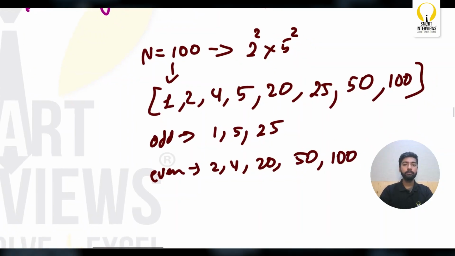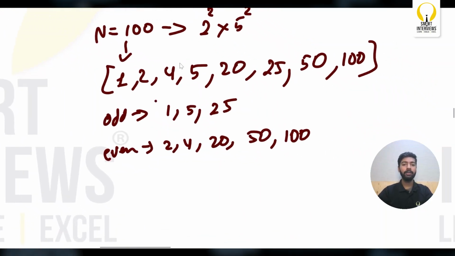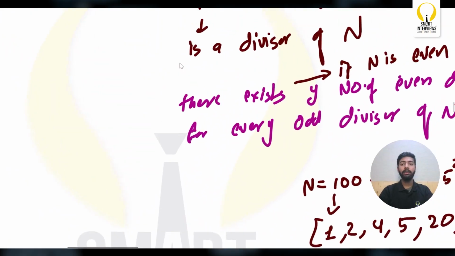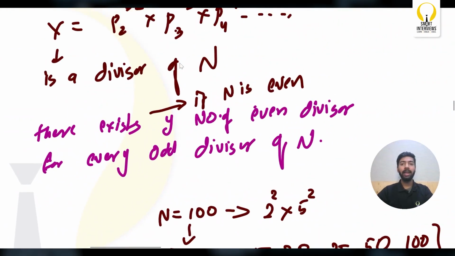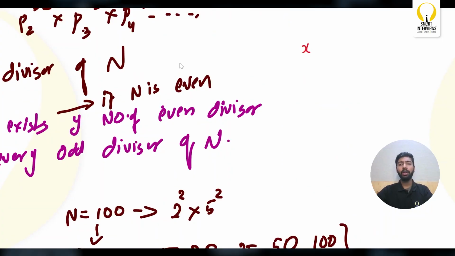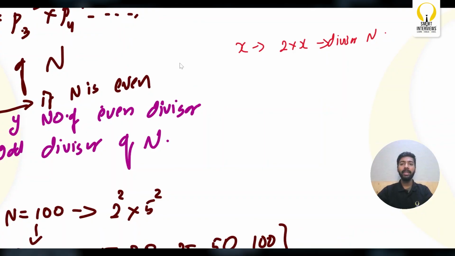Now let's take the first odd divisor. And before that, let's validate this thing: there exist y number of even divisors for every odd divisor. Now, let's say x is an odd divisor. If x is an odd divisor, can I say 2 into x is a divisor of n? Yes, because 2 into x will be an even divisor which can divide n.